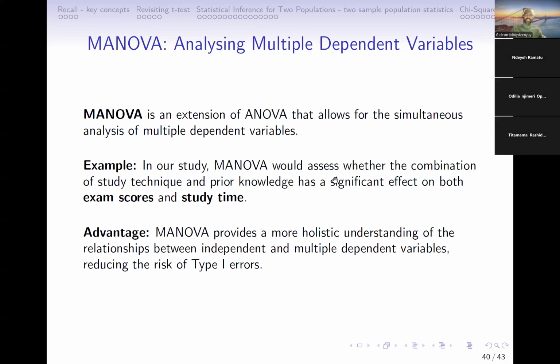So we have more than two study techniques here, and we have two different variables that we want to study on each of these groups, exam scores and study time. This way of analyzing information provides us with a more holistic understanding of the relationship between independent and multiple dependent variables, reducing the risk of type 1 errors, which we discussed earlier.